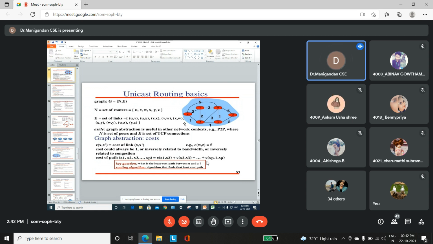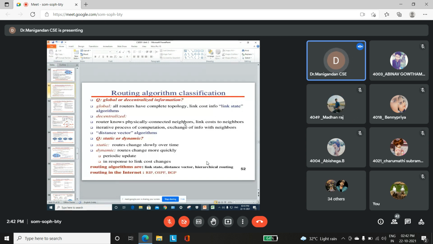Okay, next is routing algorithm classification. Routing algorithm classification can be done in many ways: either global or decentralized information, and static or dynamic process. Global means all routers have complete topology and link cost information, that is the link state algorithm.